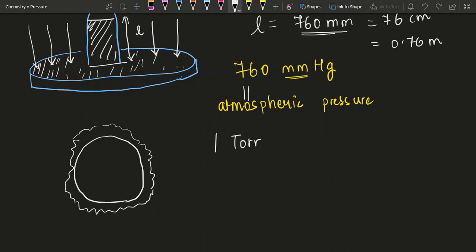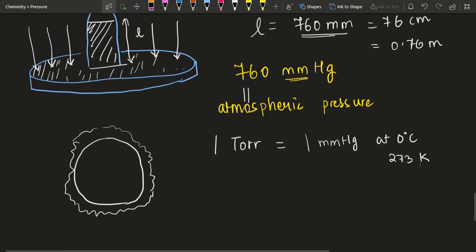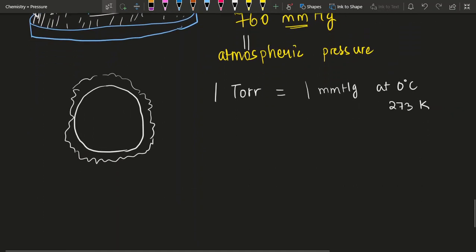And 1 torr is an mmHg measured under certain conditions, namely taking 1 torr to be equal to 1 mmHg at 0 degrees Celsius or 273 Kelvin. And while 1 torr is still used, mmHg still seems to be the de facto standard for measuring pressures, especially the atmospheric ones.